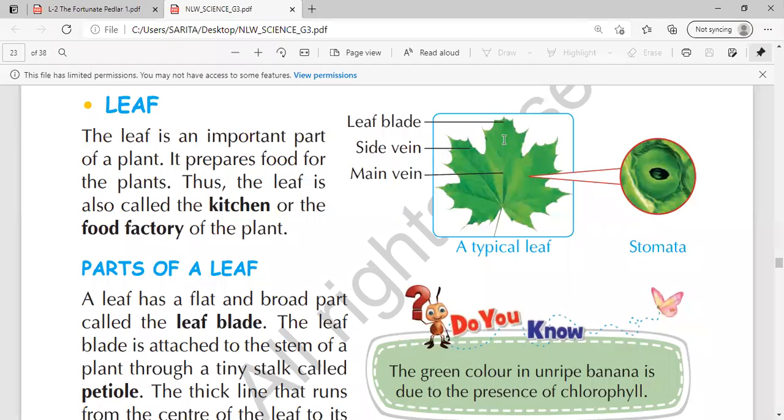It is called the midrib, or the main vein, this thick line in the center of the leaf.